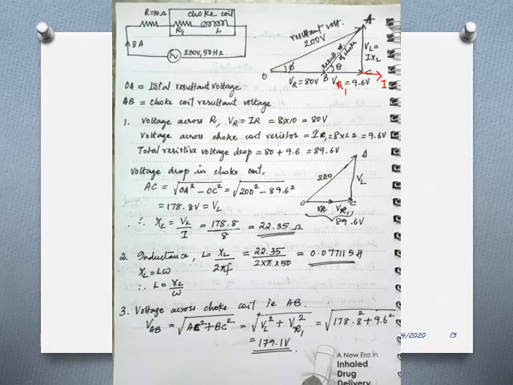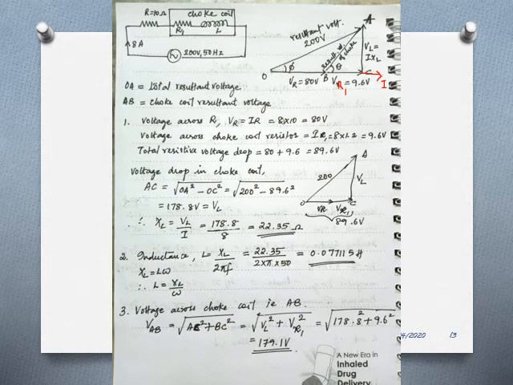Now you have to draw the voltage across that choke coil inductance. That is VL, which is equal to IXL. That will always be 90 degrees to VR1. So I have drawn it as AC.